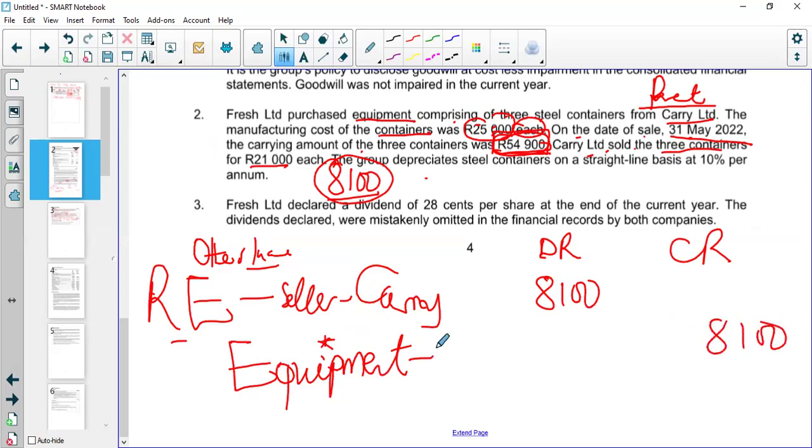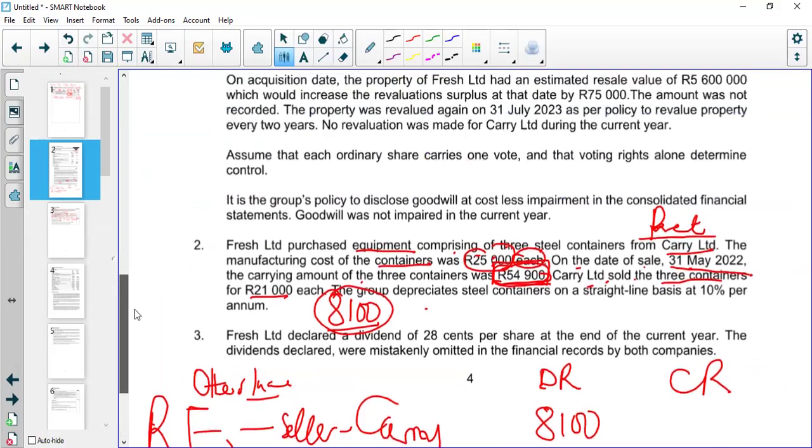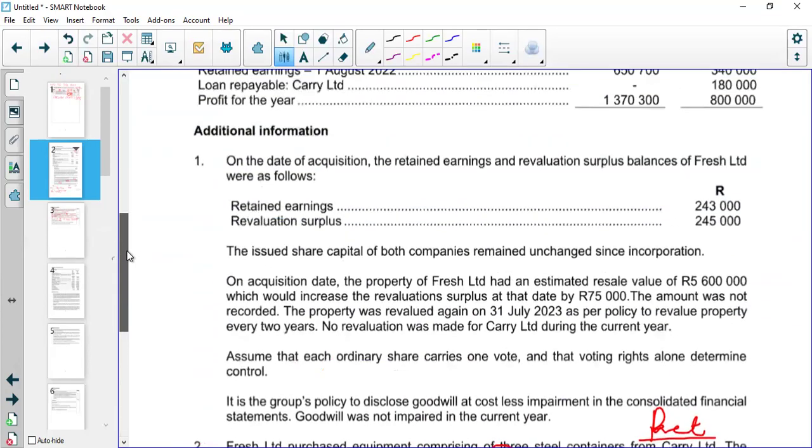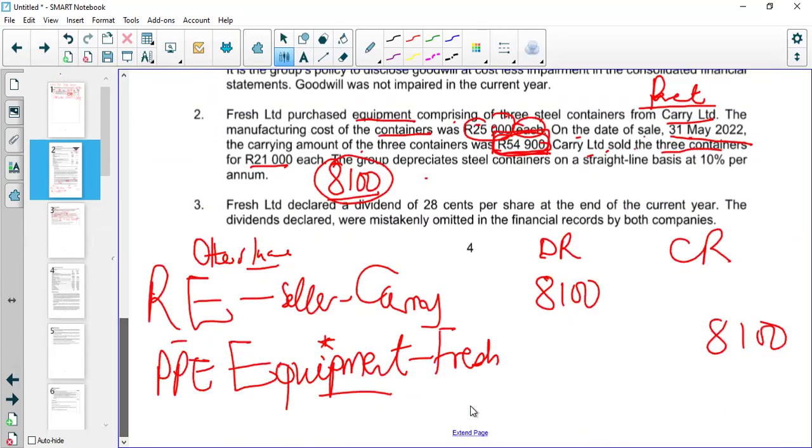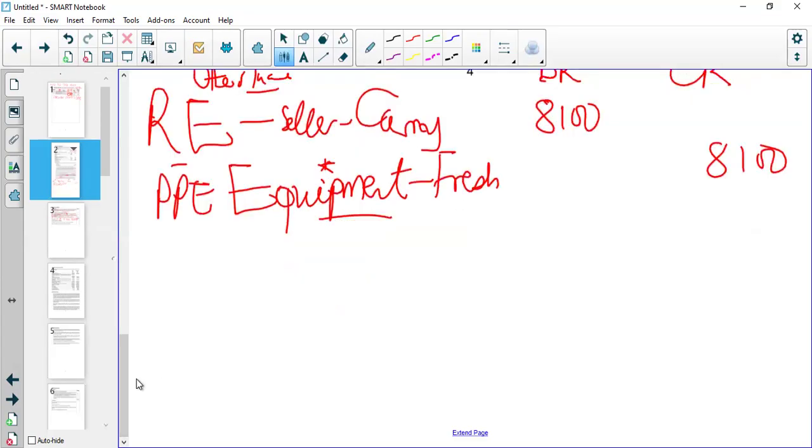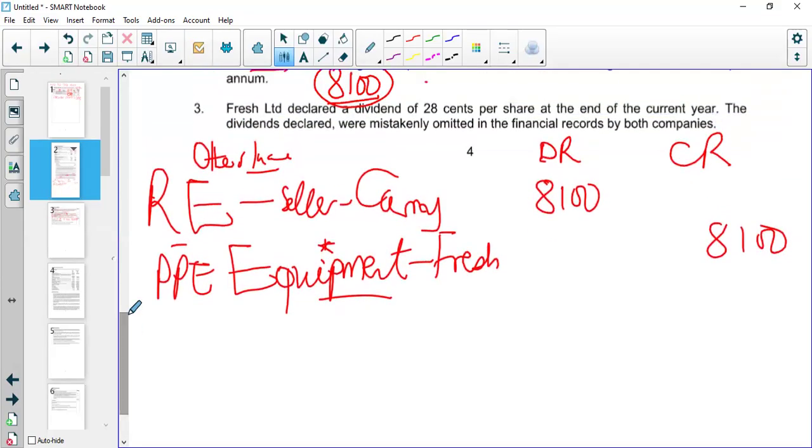And this is the equipment of Fresh, right? Or you can say equipment Fresh. That is perfectly fine. Or some could just say PPE, which is also perfectly fine. You don't have to be really specific because you are not doing the actual pro forma consolidation journal entries. You are just doing an exercise. So this is the first one. That's the first journal entry.